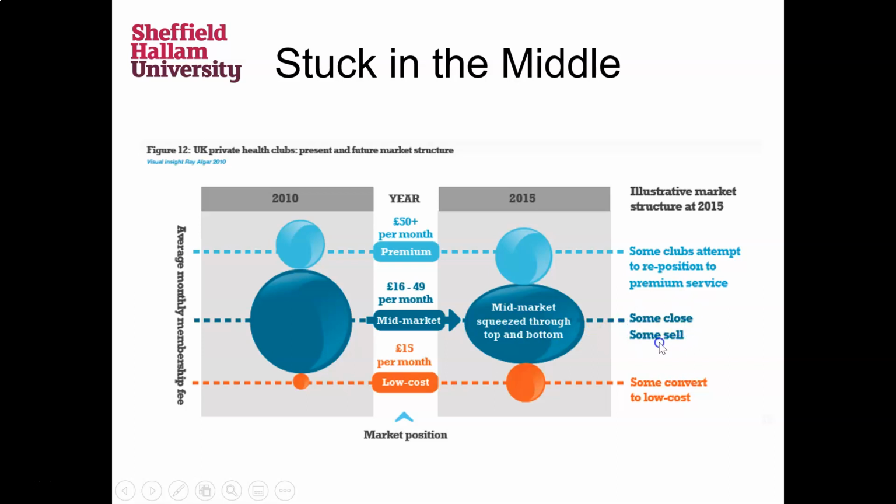So Fitness First as a gym does not exist anymore because it was stuck in the middle. It was trying to be both a cost leader and a differentiator at the same time, and it wasn't successful. It lost the competitive advantage and it exited the business.